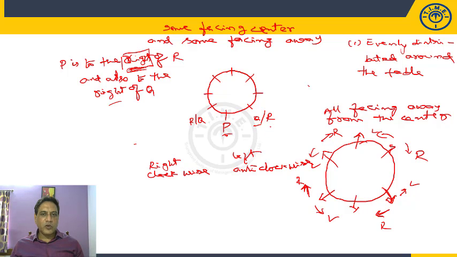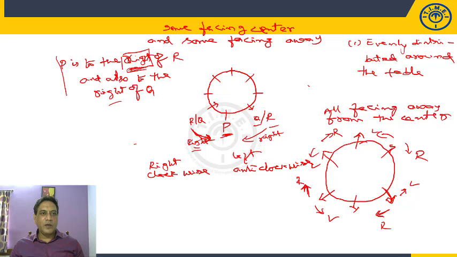We do not know whether Q or R is here, but P's position should be to the right of this person, so whoever that person is must be facing away from the center. Similarly, whoever is sitting on the other side should also be to the left of P, so P should be the right of this person as well. That is the anti-clockwise right of the person when the person is facing towards the center.